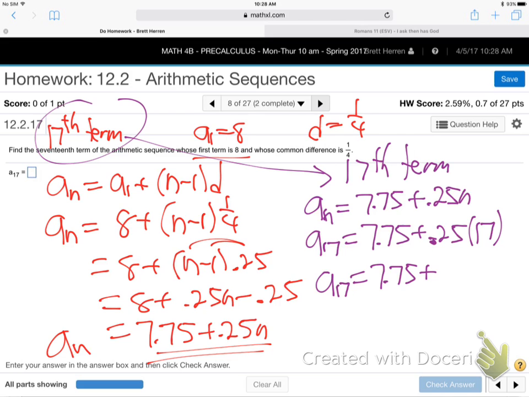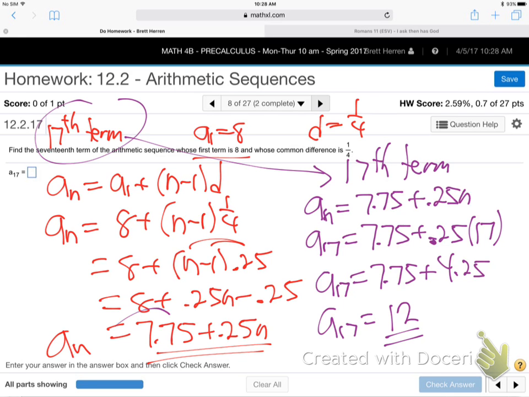What is that? 4.25, is that what that is? 0.25 times 17? 4 1/4, right? 4.25. And then add those up, and that'd be 11, 12. So there we go. 17th term is 12. That good? Makes sense on all that?